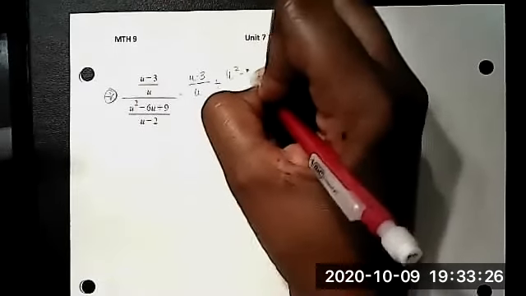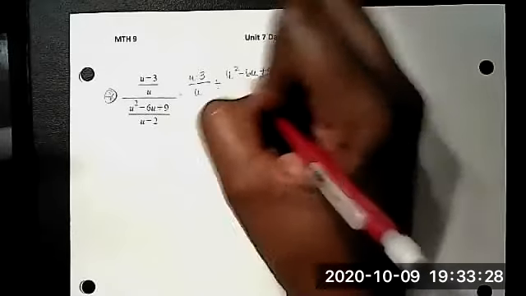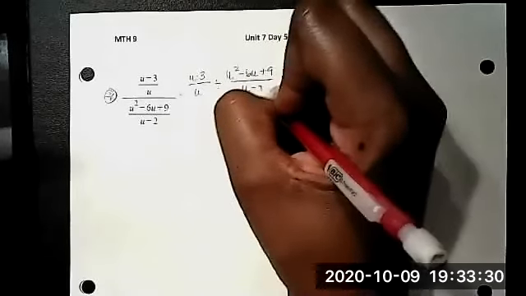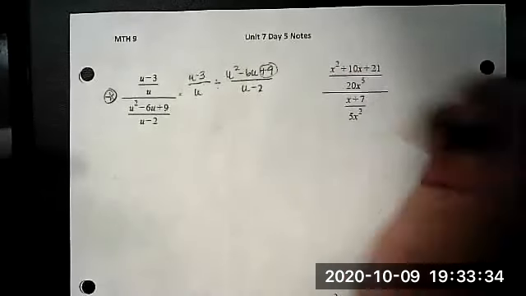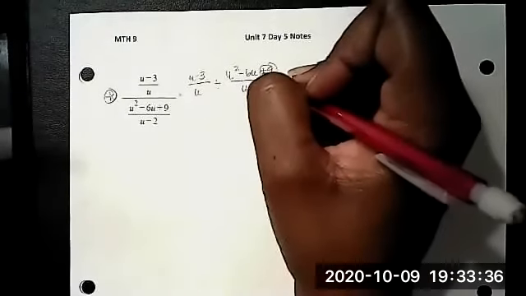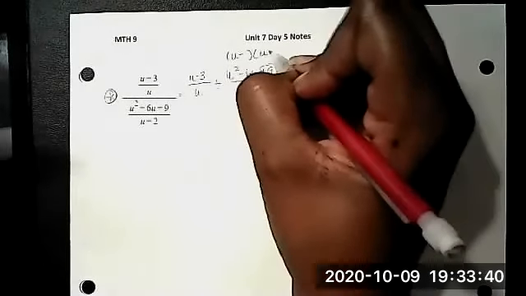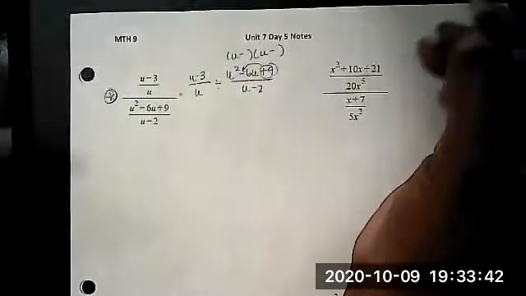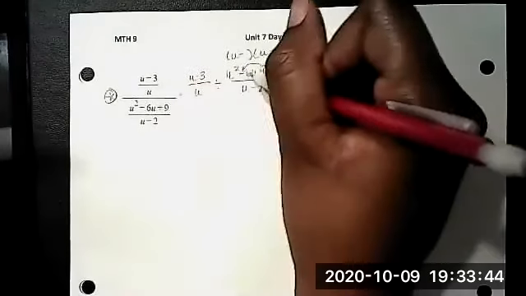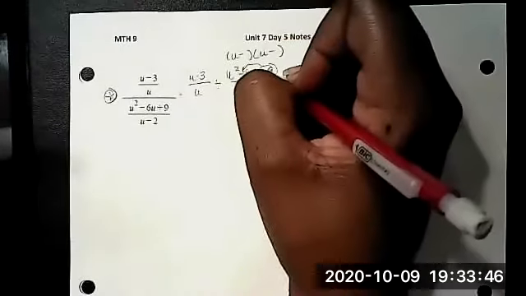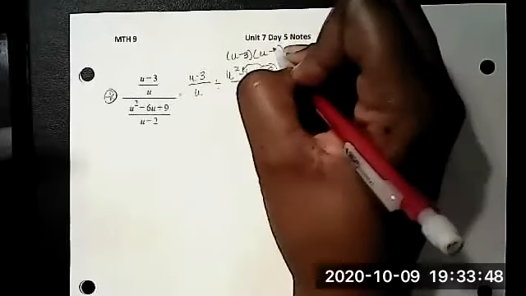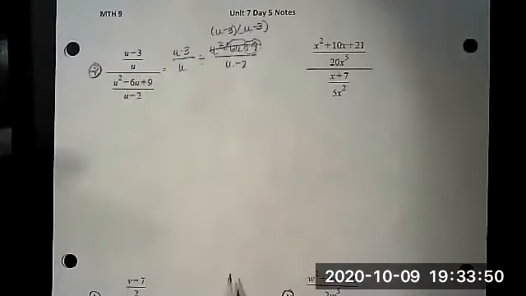U squared minus 6u plus 9 all over u minus 2. I am going to factor that. Multiples of 9 that are subtracted and add to give me 6, both of them are going to be negative. 9 is 3 and 3, so that's what that one becomes.